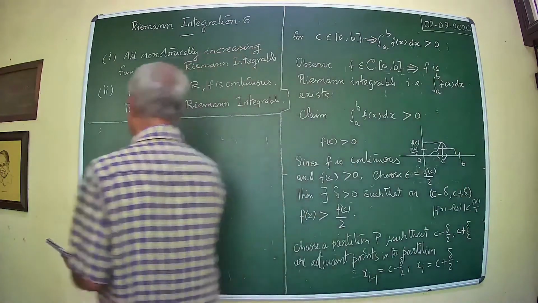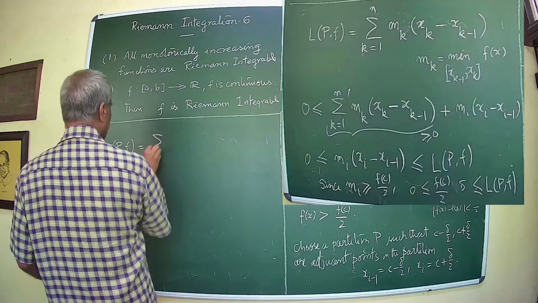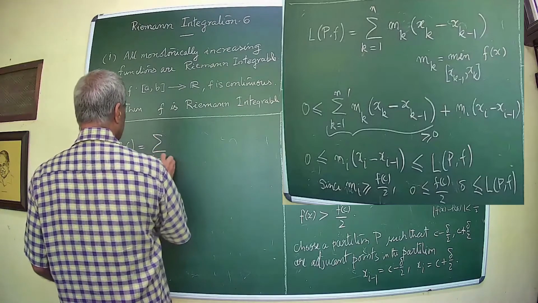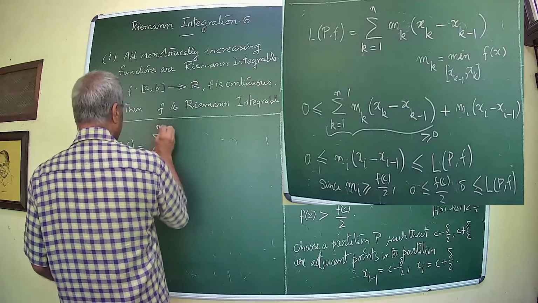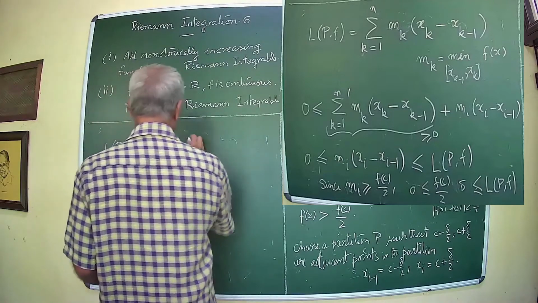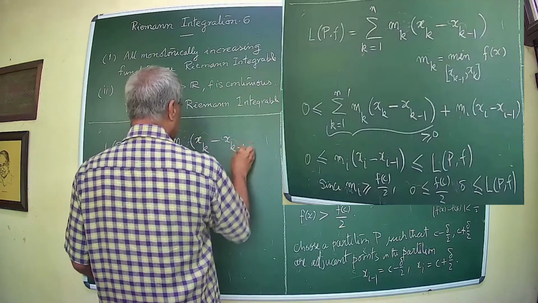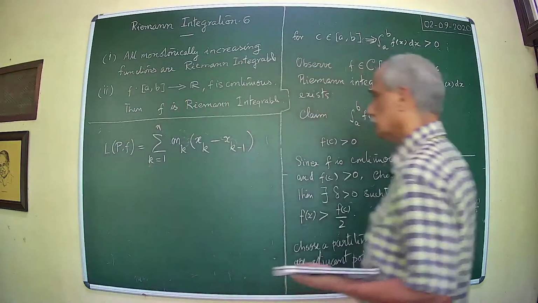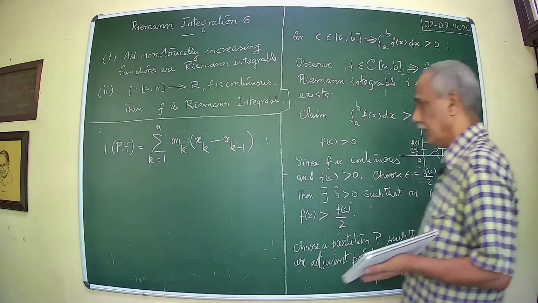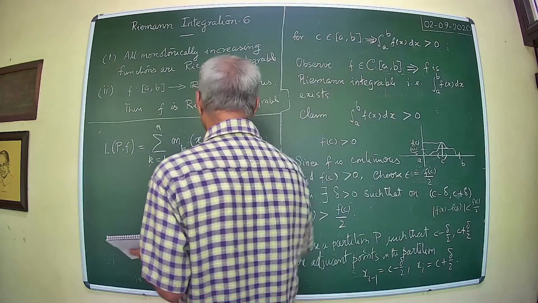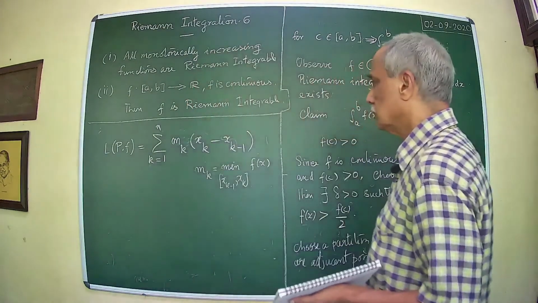See, L(P,f) equals the sum over k equal to 1 to n of m_k times the length of the subinterval, where m_k is the minimum of f on the subinterval. This is the lower sum.